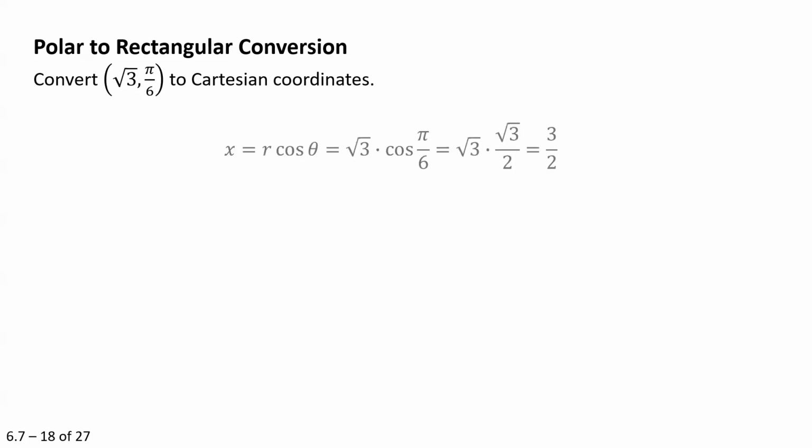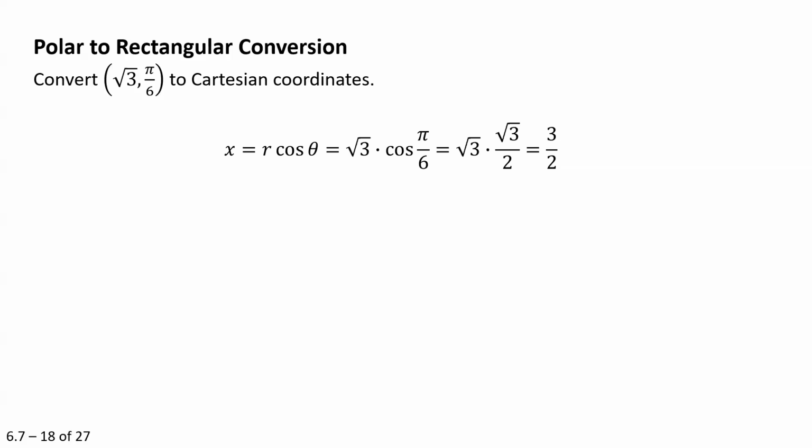Along those lines, I'm giving you a point in two-dimensional space that is described in terms of polar coordinates. So I'm showing you square root of 3 and pi over 6. Those are not x and y coordinates. Those are r, theta coordinates. And how do we convert those to Cartesian coordinates? We just have some formulas associated with each one of these. The x coordinate is r times cosine theta.